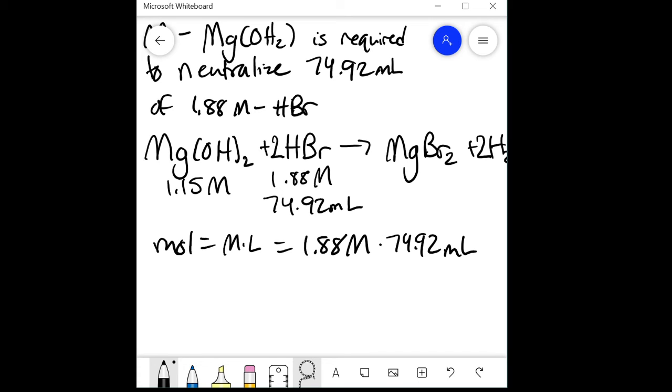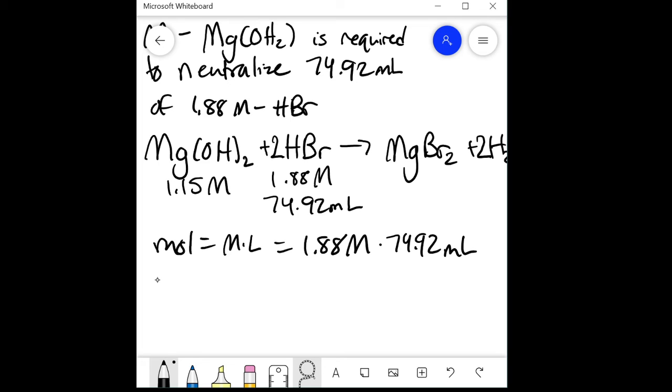Since we're going from volume to volume, and it doesn't say it's a solid, we can leave it in milliliters. We don't need to convert to liters. If it makes you feel better to convert to liters, go ahead. You're going to get the same answer.